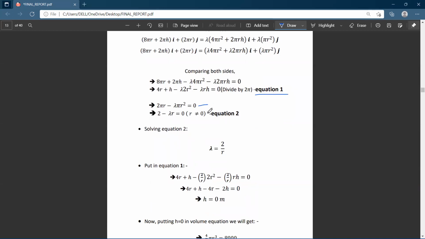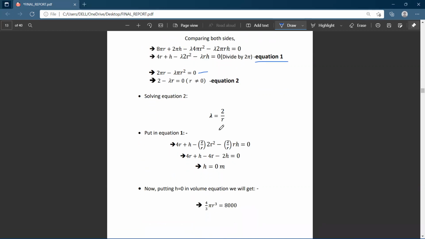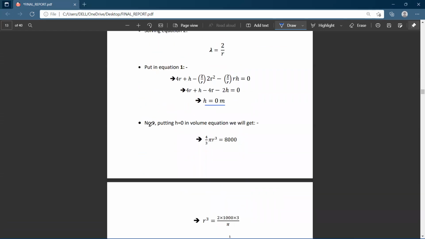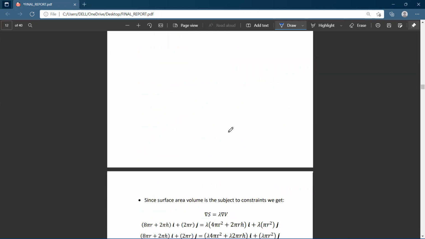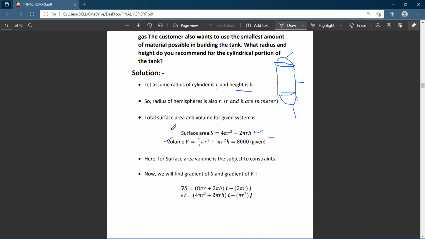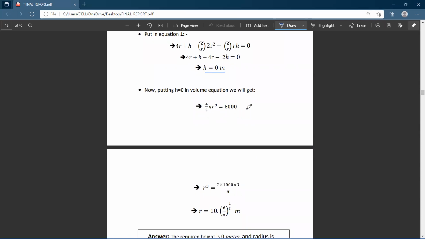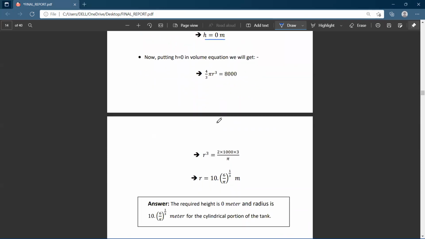After that, solving equation 2, lambda is equal to 2 by r, and putting that lambda value in equation 1, we get h equal to 0, which means we don't require the cylindrical portion. Then putting h equal to 0 in the volume equation, we get 4 by 3 pi r cube equal to 8000.